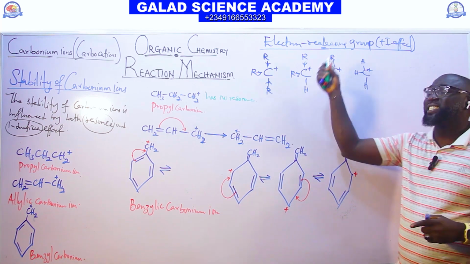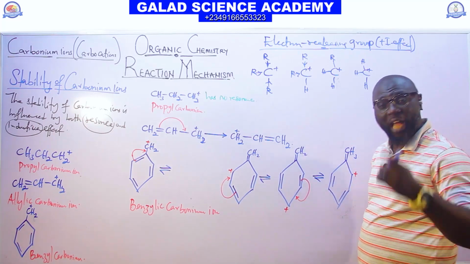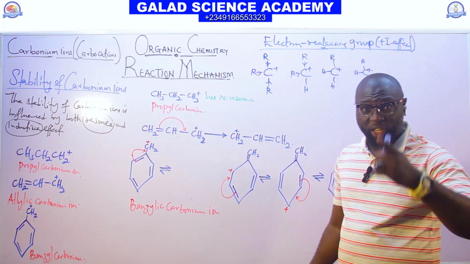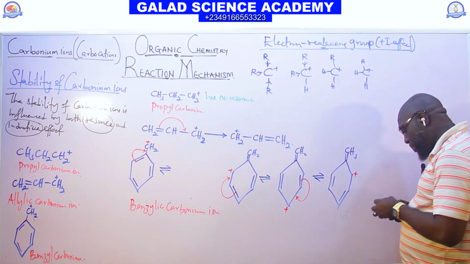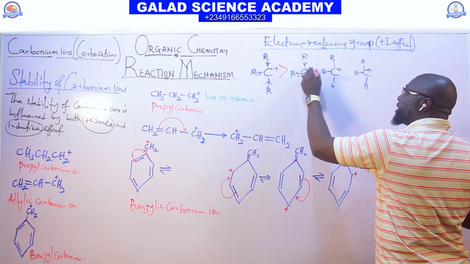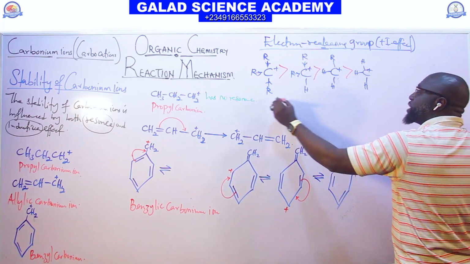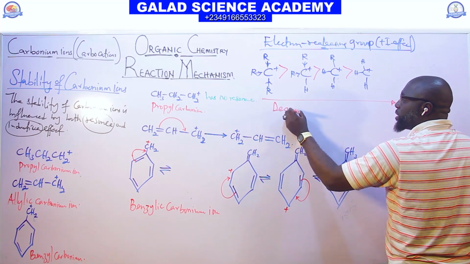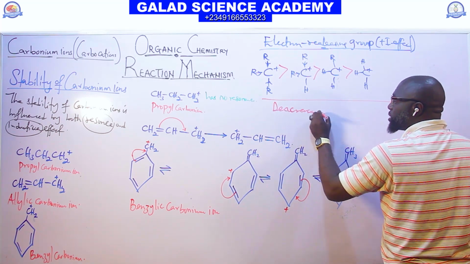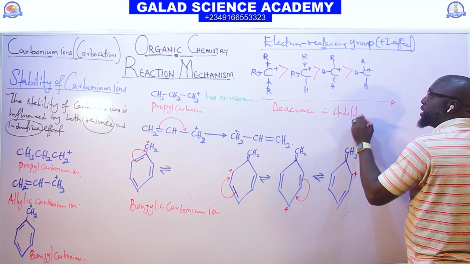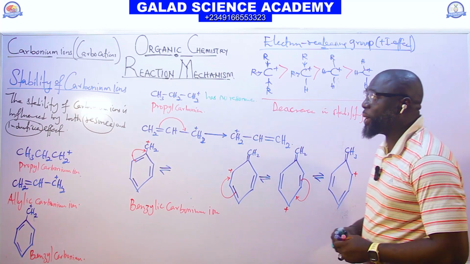I've explained this several times. I use the hyperconjugation effect to explain it, and also the inductive effect. So this one is more stable than this, more stable than this, more stable than this. So this is a decrease in stability.